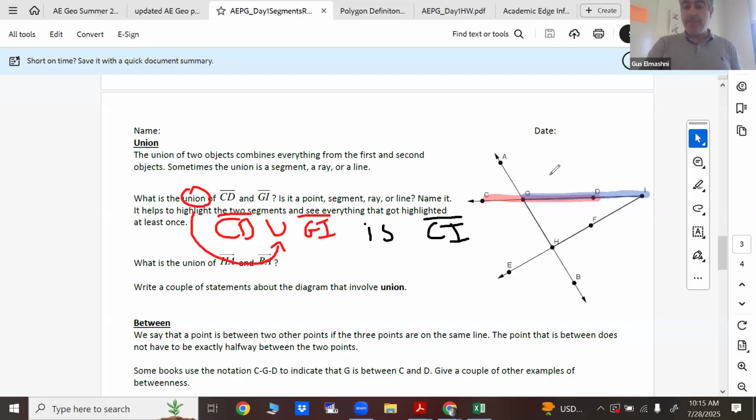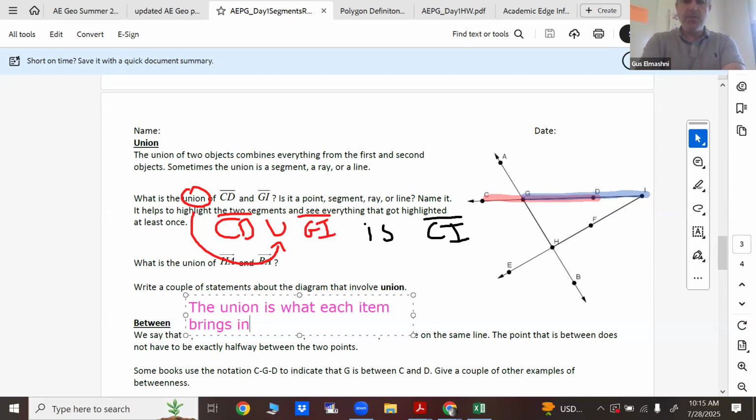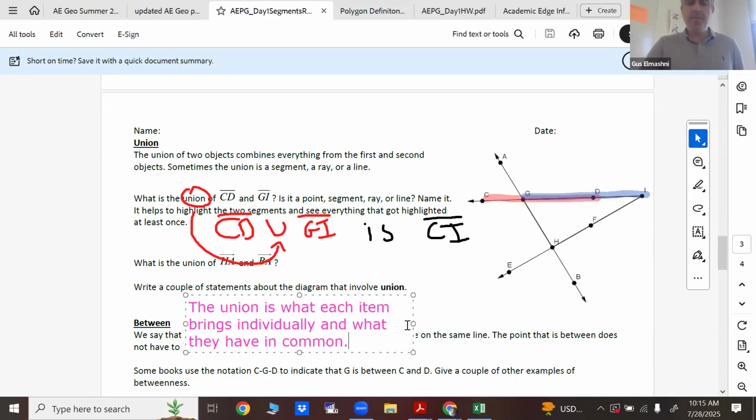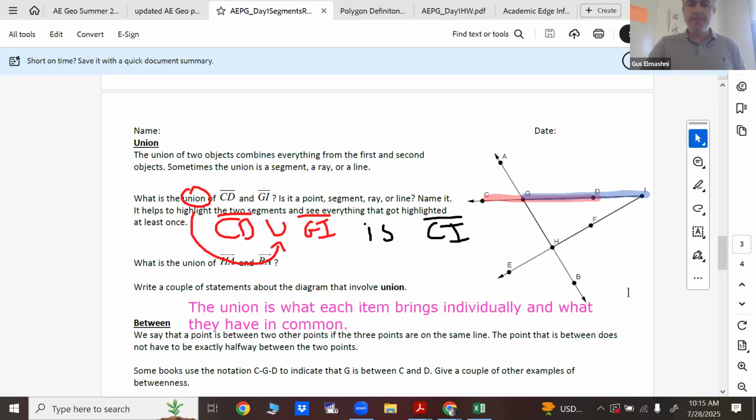Now GD is an intersection, but the union is going to be that. So when we're asked to write a couple statements about the diagram that involve a union, the union is what each item brings individually and what they have in common. Okay. So that's what a union is.